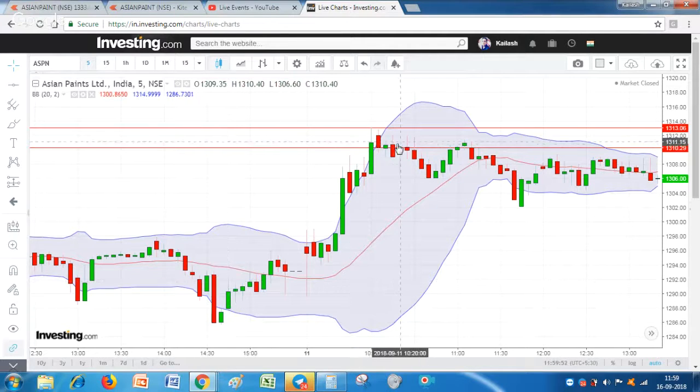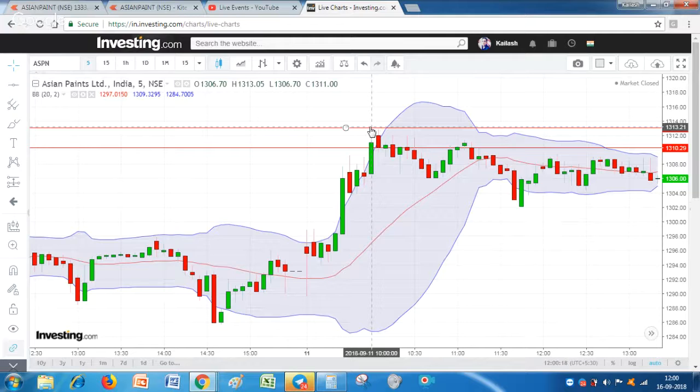Now look at this level. Before taking a trade, we have to decide how much risk is there. Suppose we are selling below 1311, keeping a stop loss of 1313. There is a maximum risk of 2 to 2.5 rupees.